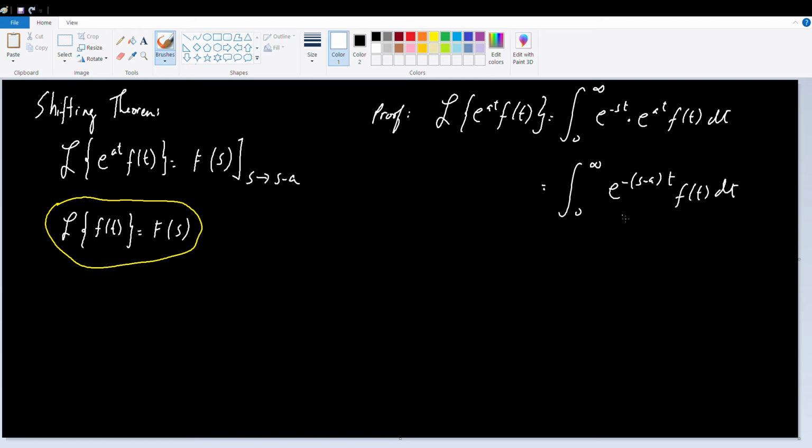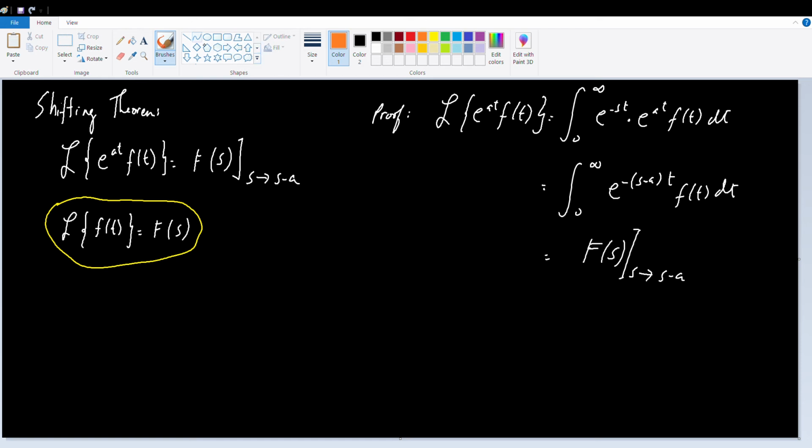We recognize this as the Laplace transform of f of t, which is F of s, but s changes to s minus a.